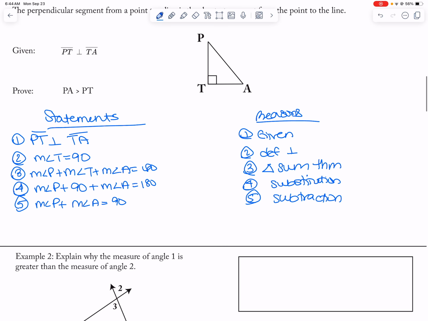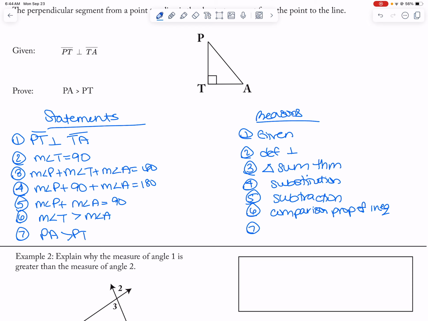So then measure of angle T has to be greater than measure of angle A, and that is comparison property. And then PA is greater than PT. And that is the theorem that has no name, so we have to write it out.